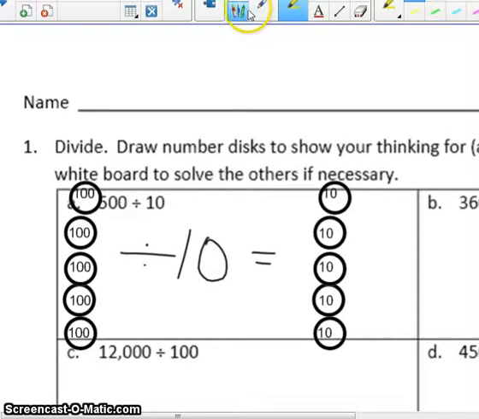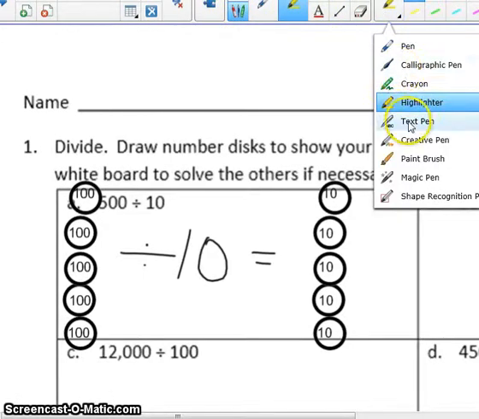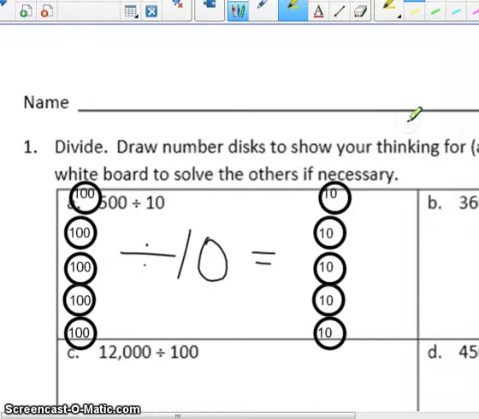Please do not do it in something silly like crayon or what else we got here. I'm going to do it in, what's text pen? Please excuse the interruption while I play with the smartboard. It will only take a minute, I promise.